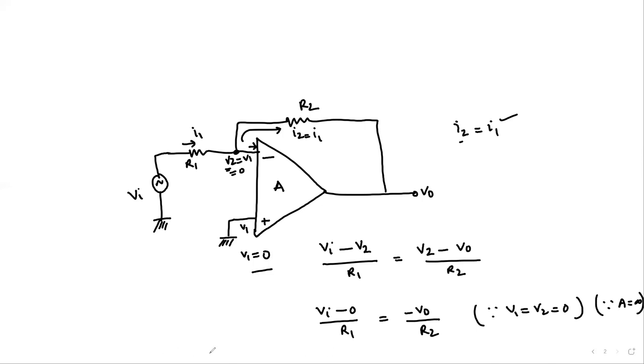So we see from this equation that VO divided by VI is minus R2 over R1, and the magnitude of this would be R2 over R1.